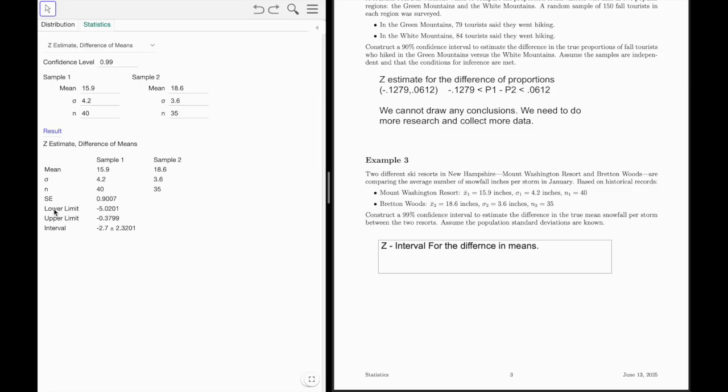Now when we look at our upper and lower limits, we have a confidence interval of negative 5.0201 to negative 0.3799.